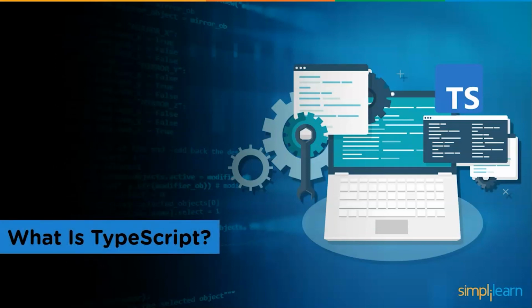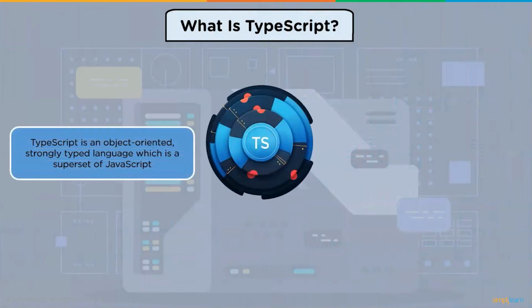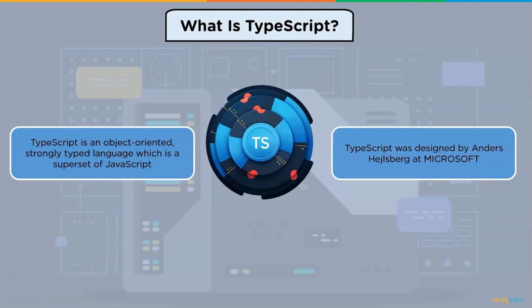What is TypeScript? TypeScript is an object-oriented and strongly typed programming language, which is a superset of JavaScript. TypeScript was designed by Anders Hejlsberg at Microsoft. The limitations of JavaScript for developing large-scale applications at Microsoft and among its external customers led to the creation of TypeScript.